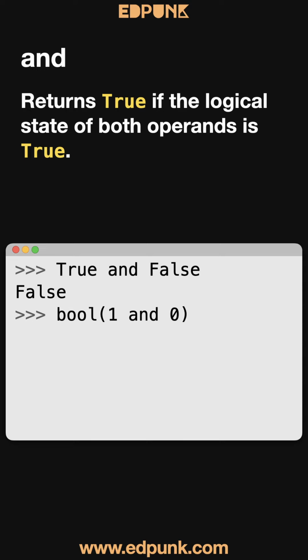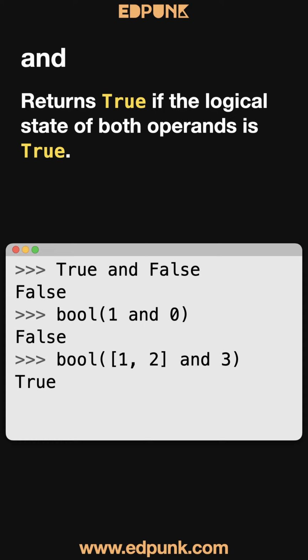Similarly, bool of 1 and 0 returns false as the logical state of 0 is false. bool of list 1, 2 and integer 3 is true as the logical state of both the operands is true. Finally, bool of None and empty string returns false as the logical state of both the operands is false.